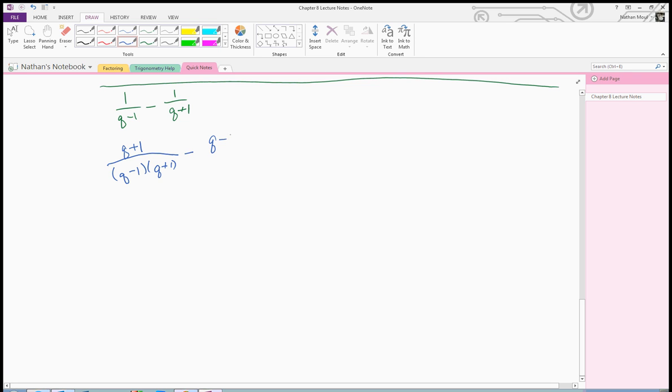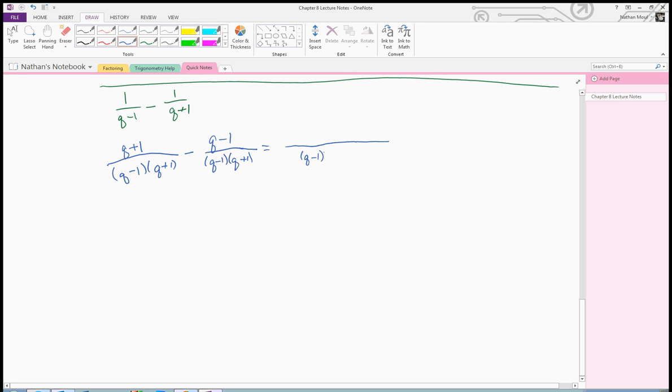And all I'm doing again is multiplying everything by the dirty algebra paradigm that I've created or previously shown you. Now that we have a common denominator, let me draw a larger line here.